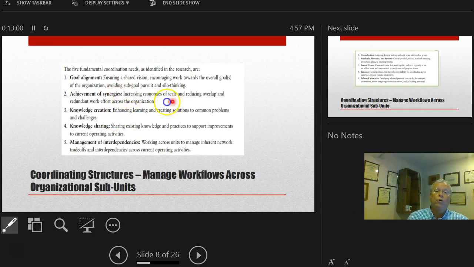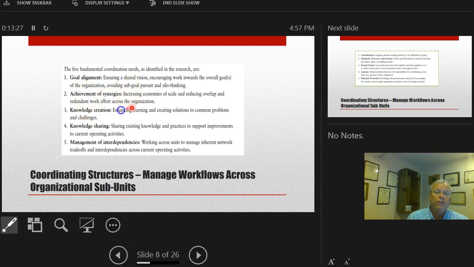So goal alignment, this is very difficult to do, and quite honestly, I found it to be not that prevalent. When it has been prevalent, and I have been in a situation like that, it is an amazing motivator. So people share information, they understand more about the trade-offs of why we do some of the things we do and what the advantage to it is.